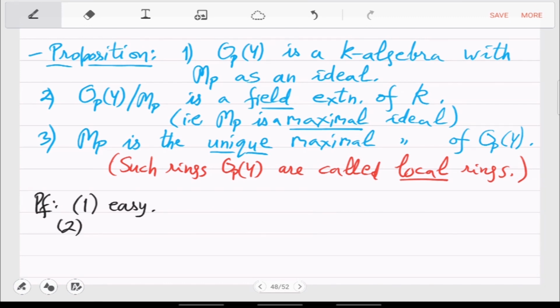Second property, you have to show that O_{P,Y} mod M_P is a field, and this we had shown by simply observing that if F is in this, then F inverse is also there, as long as F was not 0.